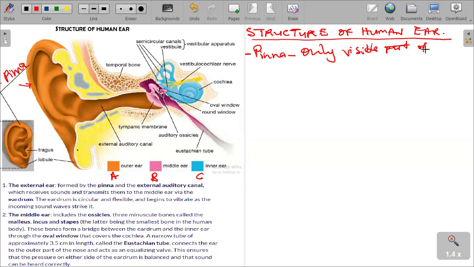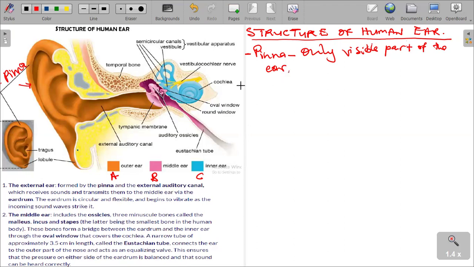The only visible part of the ear is the pinna.